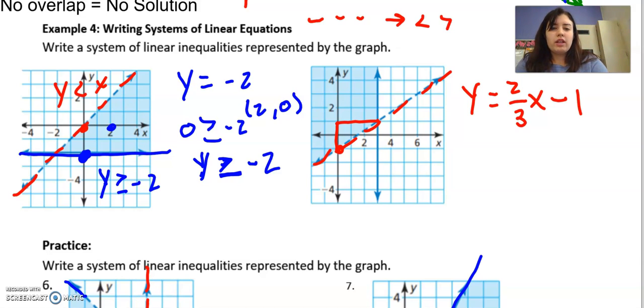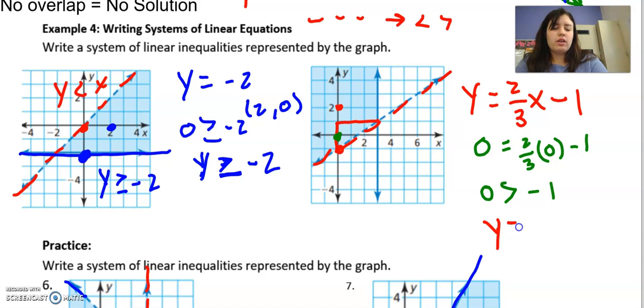So if we plug in a point such as, let's use our origin, 0, 0. So 2/3 times 0 minus 1. We get 0 and minus 1 on the right. 0 is greater than -1, so we're going to go back to our equation.